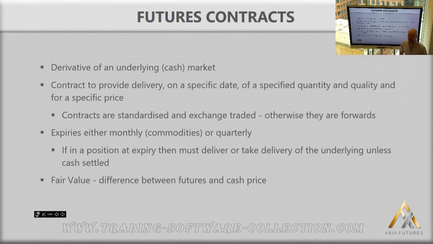They won't necessarily automatically roll it over, because you might actually want it. You might want to take delivery of that commodity, of that financial instrument, because with a lot of them, whilst cash settled, you do still have the option to ask for the physical commodity, or in the case of bonds, to ask for the actual bonds.